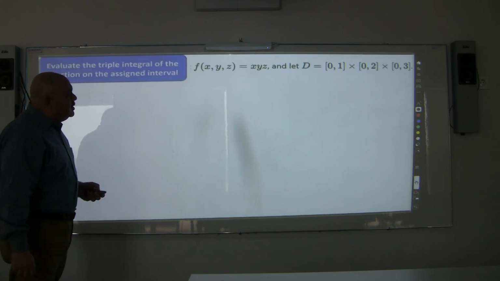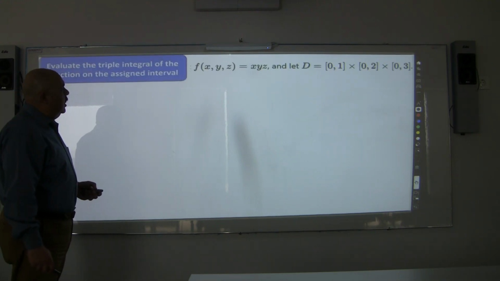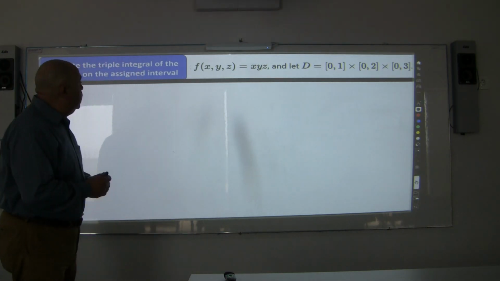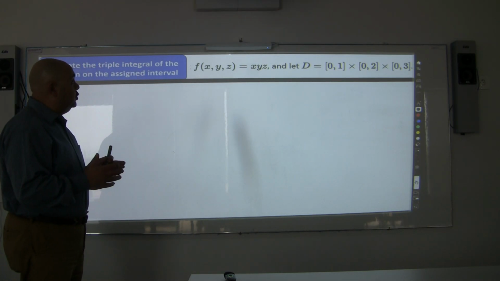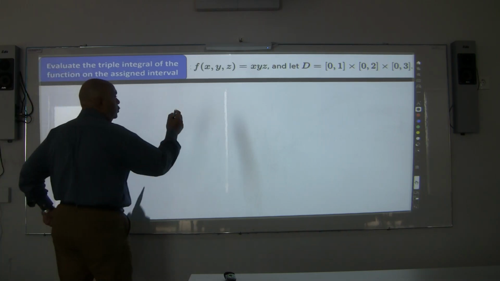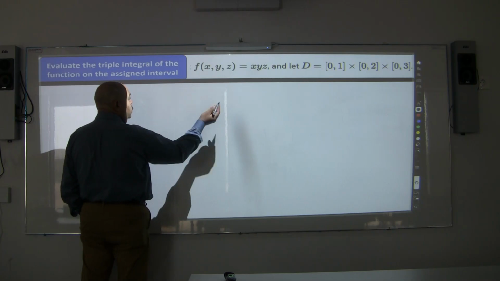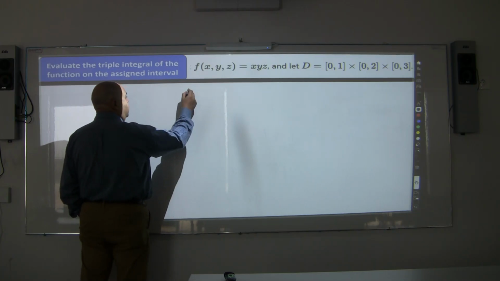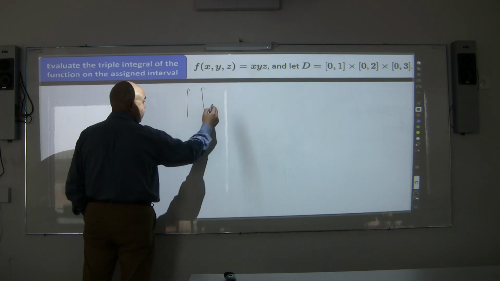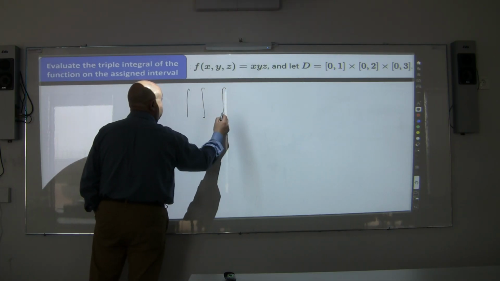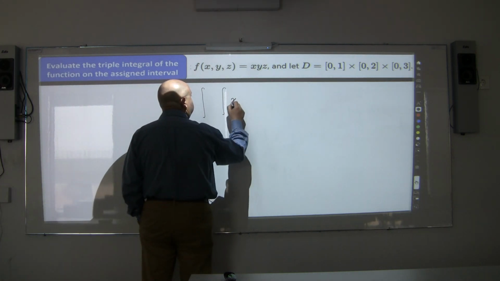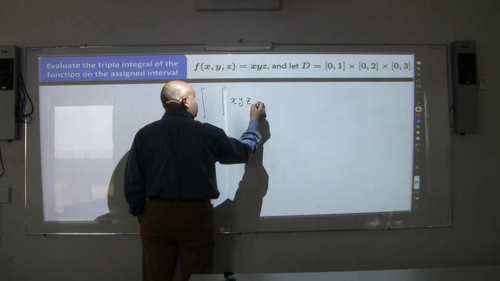Now let's take this example, which will emphasize how to evaluate. Here, it's not going to be a volume because you have a function inside your triple integration. So if I want to integrate this function using a triple integration, here is the triple sign, and that's the integrand, which is xyz.